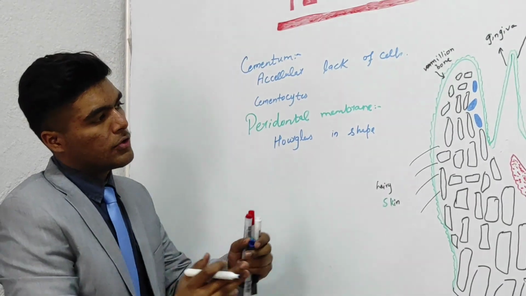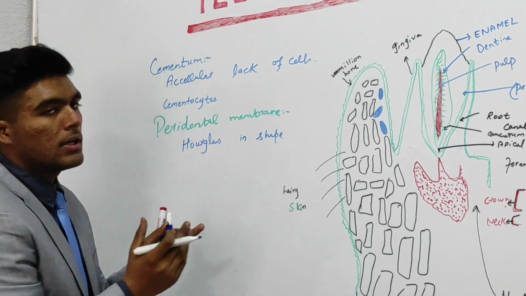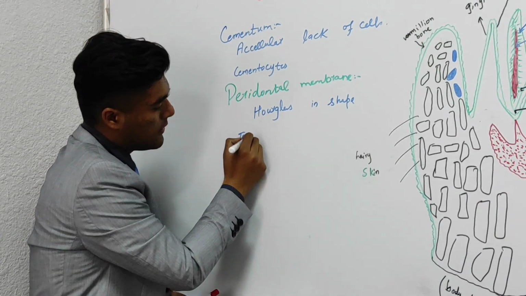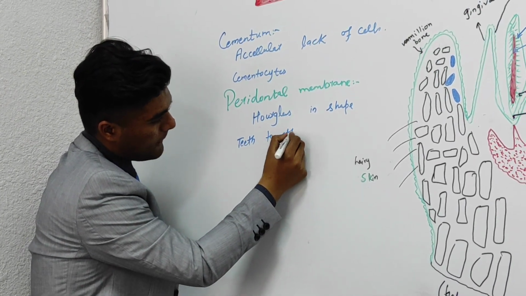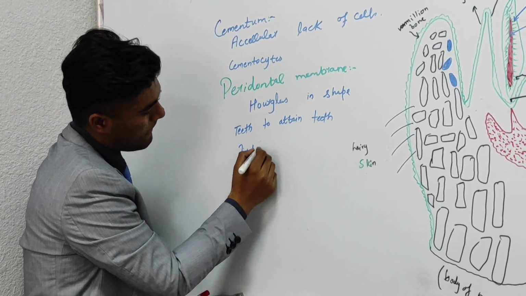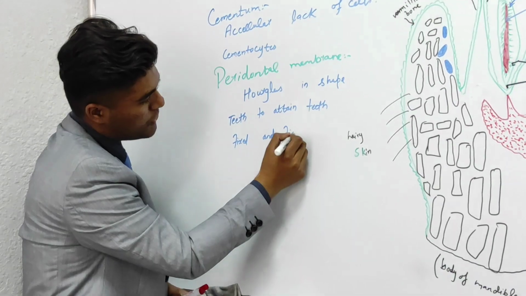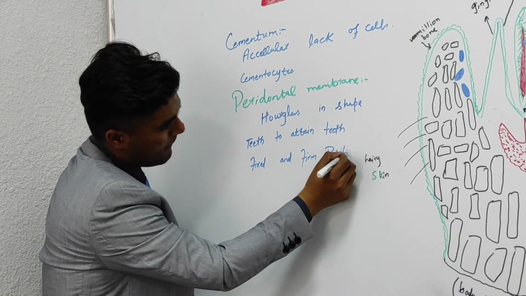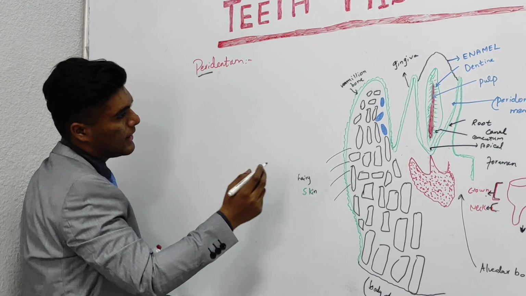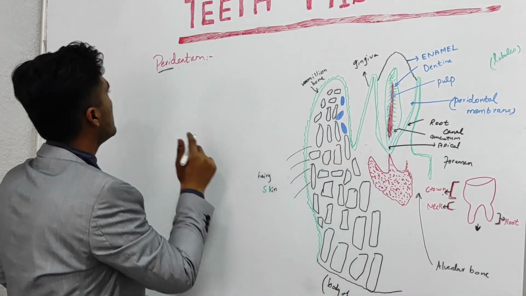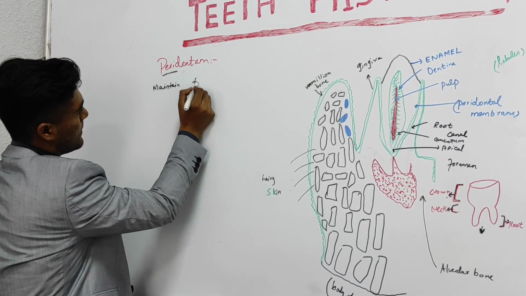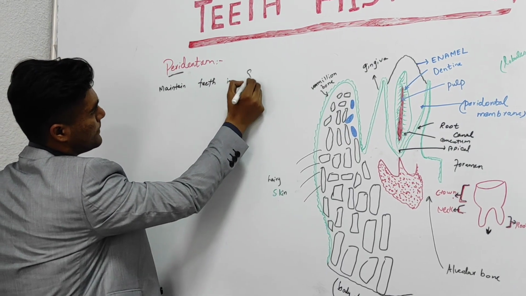It helps to keep the teeth in the socket, at a fixed and firm position. Now discussing periodontium. Periodontium is basically the area that helps our teeth to maintain their position in the sockets.